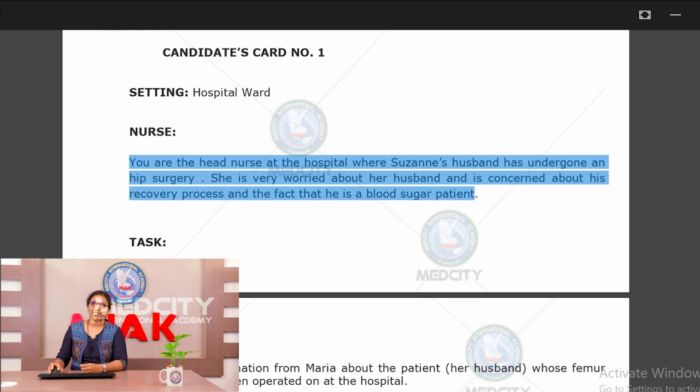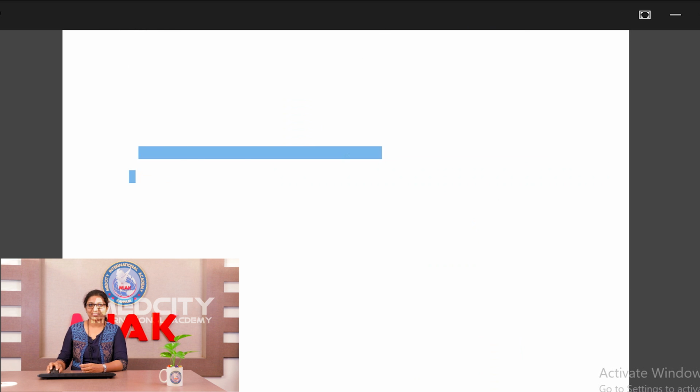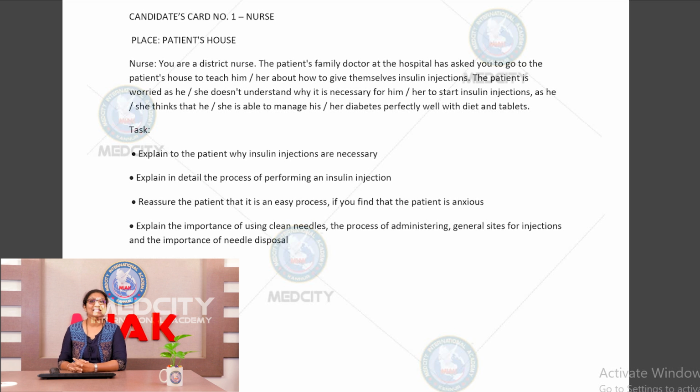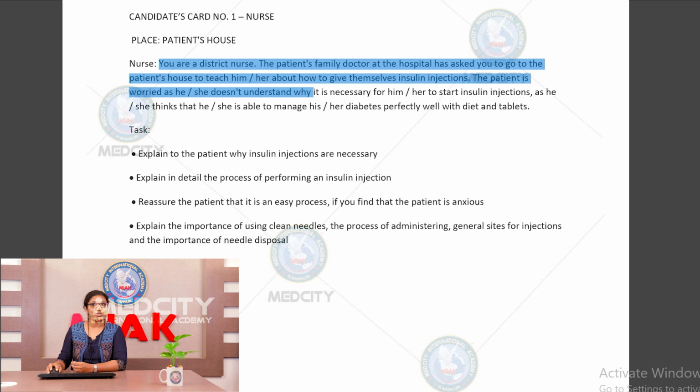Let me show you another role card. Okay, well, here the place or the setting is the patient's house. So what is the background of the patient? So I am a district nurse and the patient's family doctor at the hospital has asked me to go to the patient's house to teach him or her about how to give themselves insulin injections.